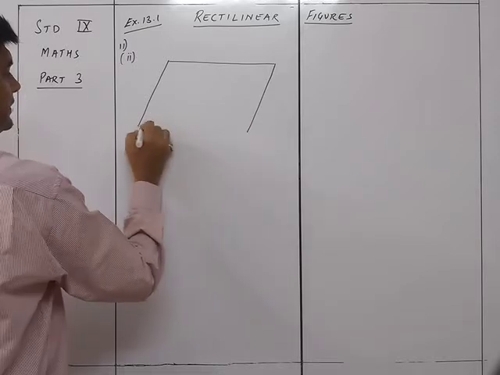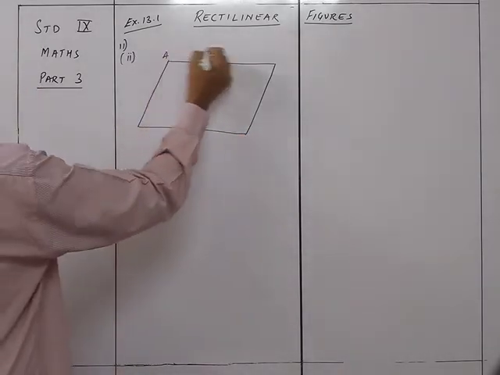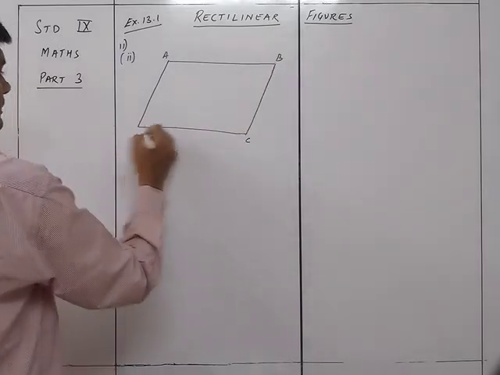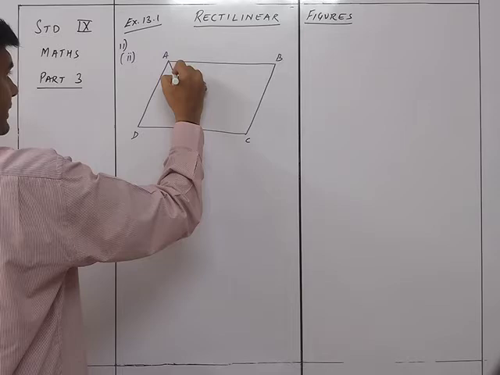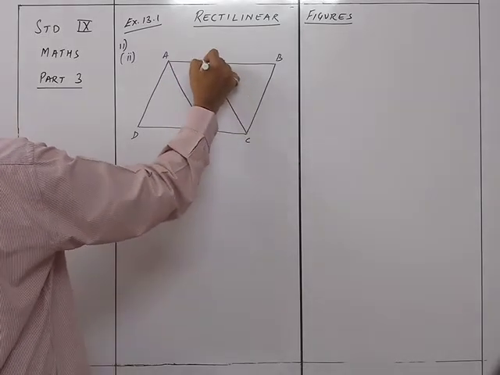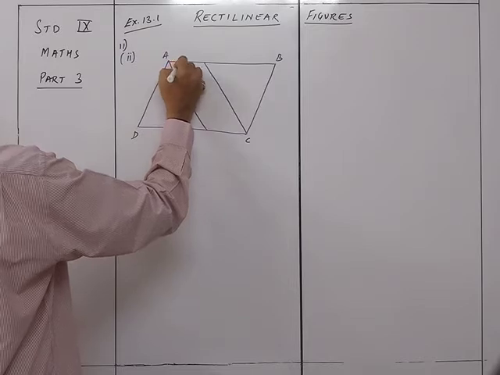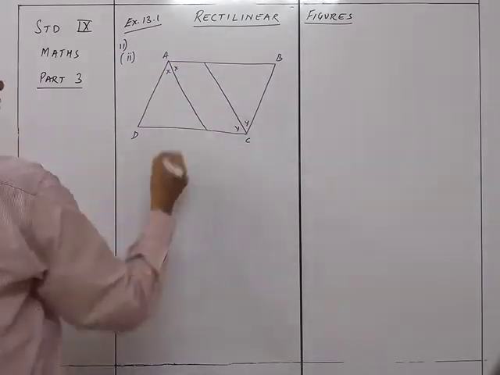So this is the required parallelogram, and you are given that there is a bisector of angle A and bisector of angle C. So this is x, and this is y, and this is y.